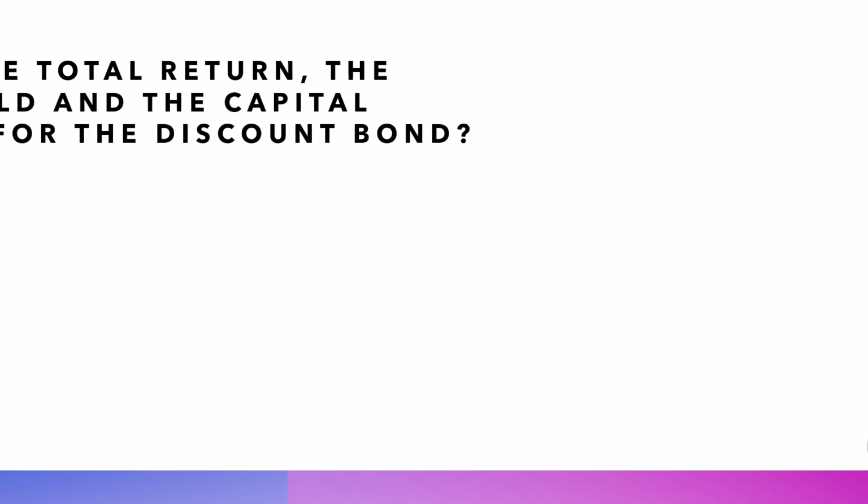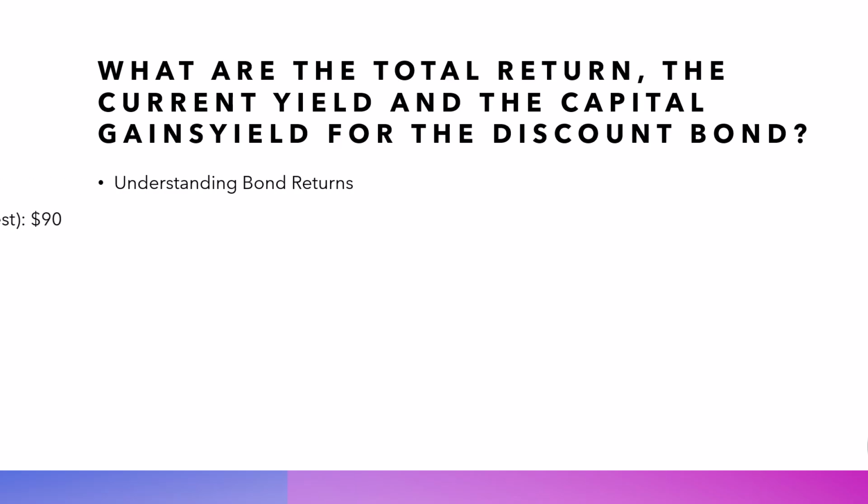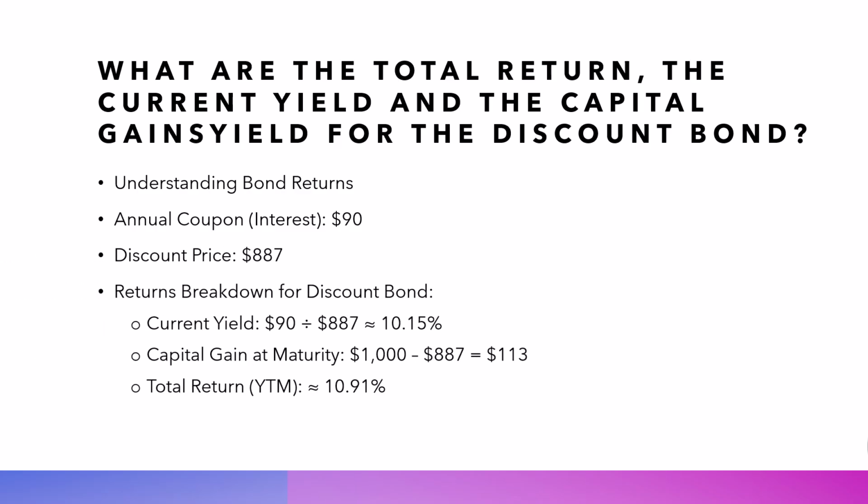All right, the current slide answers 3 questions. What are they? The total return, the current yield, and the capital gains yield for the discount bond. We do have an annual coupon of $90. We do have a discount price of $887. And with that, from the previous slide, we already know the total return, the yield to maturity, which is 10.91%.